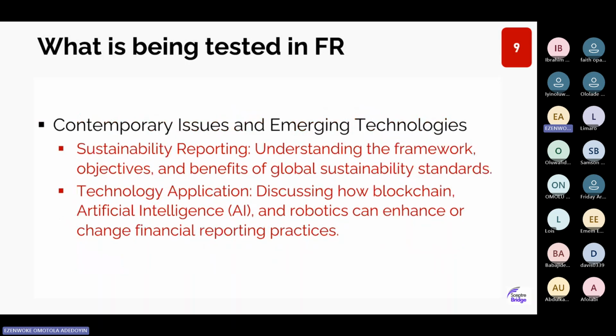And then we have contemporary issues, and we begin to see that ICAN is not joking now. They are really bringing contemporary issues into the questions, and this will span sustainability reporting. Remember, this is financial reporting. Under IFRS, we have S1 and S2, the standards that guide sustainability reporting. Our organization should report these things in the same financial report.